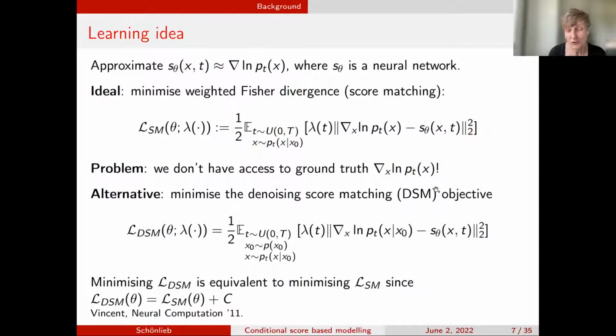Now the problem, of course, is that we don't have access to this. We don't have access to the gradient of the log density, and so this is where things now become approximate.